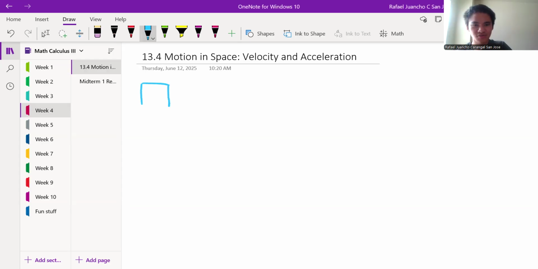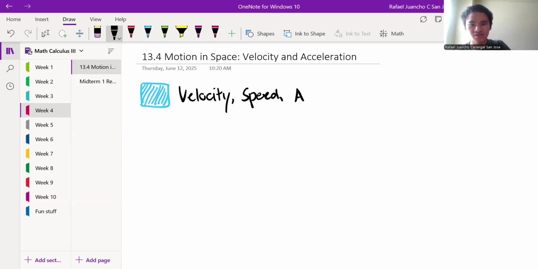So we're going to introduce or review, it's more like a review from Calculus 1, this idea of velocity, speed, and acceleration. So what again are these three things mathematically? Well, intuitively, speed is how fast you go.